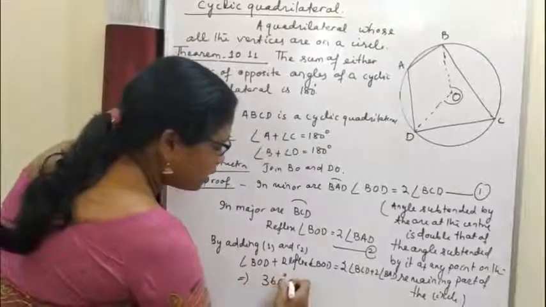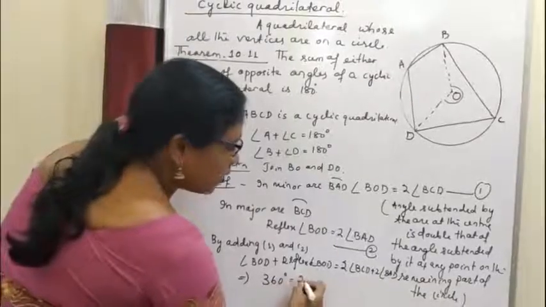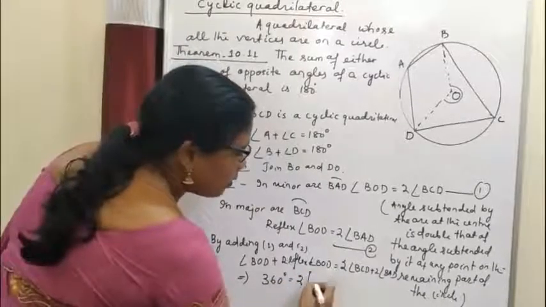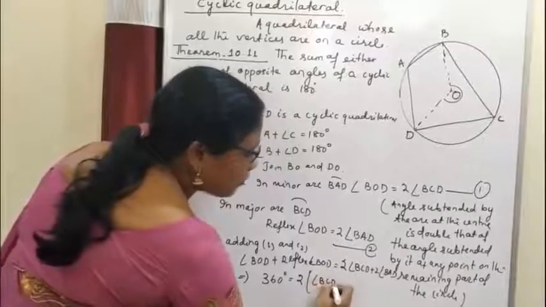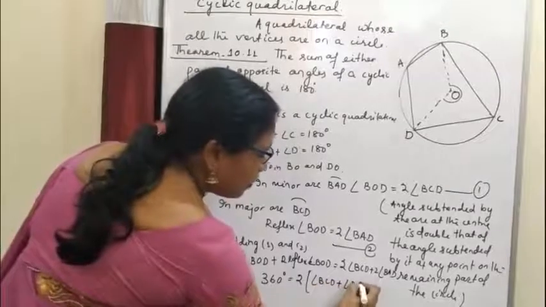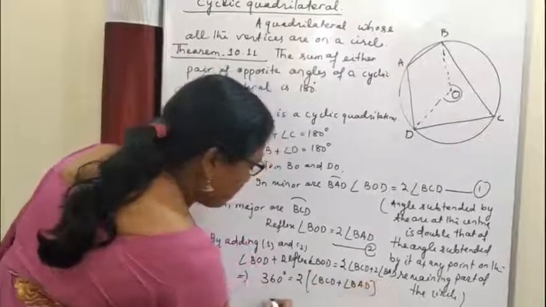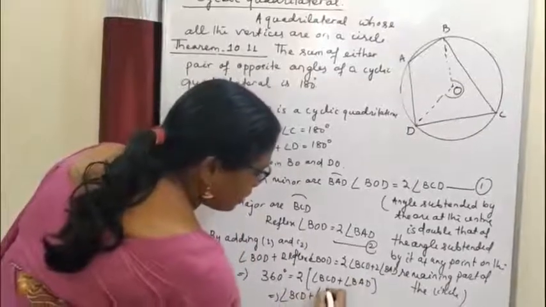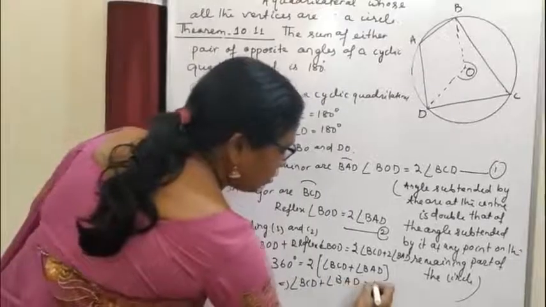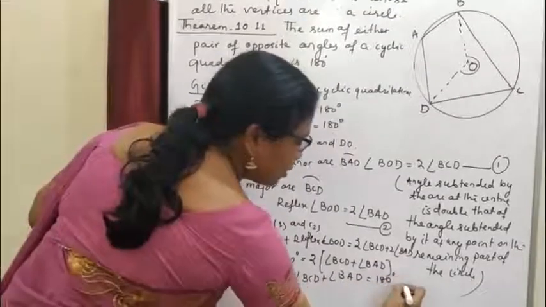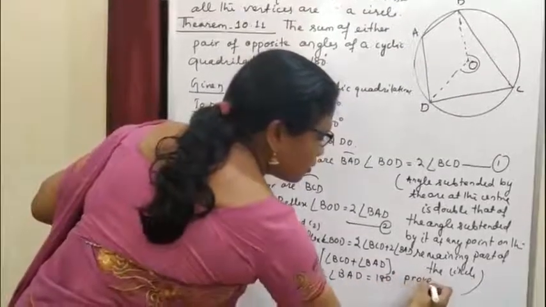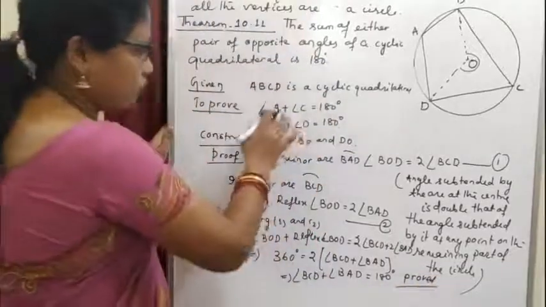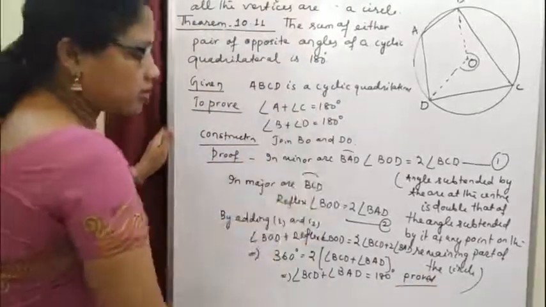So 360 degree is equal to twice of angle BCD plus angle BAD. So this implies angle BCD plus angle BAD is equal to 180 degree. So this is proved. So our first one is proved. Angle A plus angle C is 180 degree.